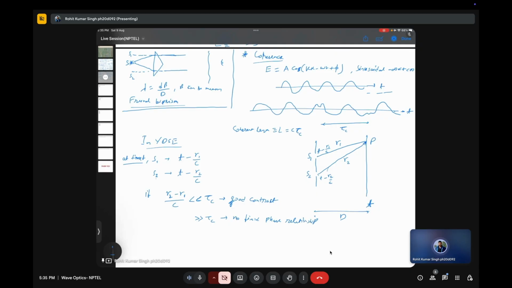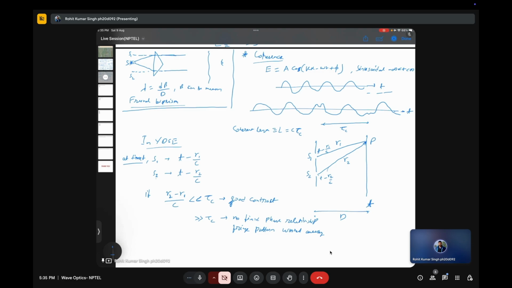So your fringe pattern will be washed away. Okay, so this is the concept of coherence.